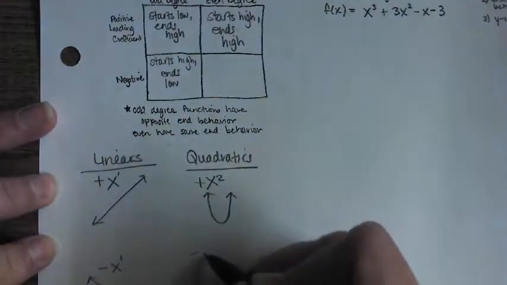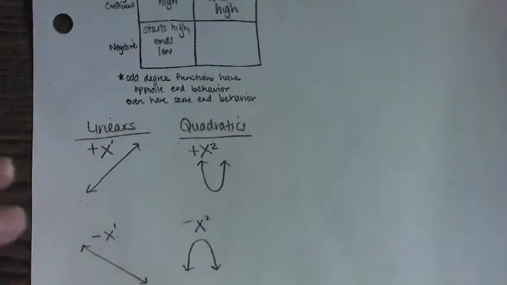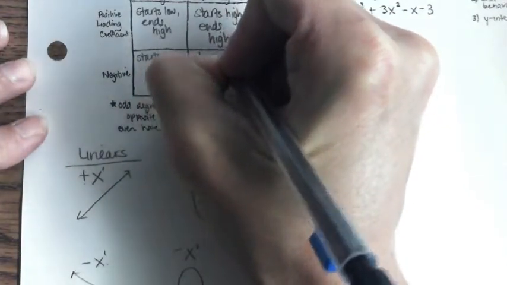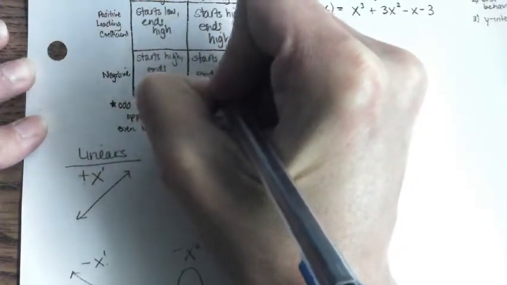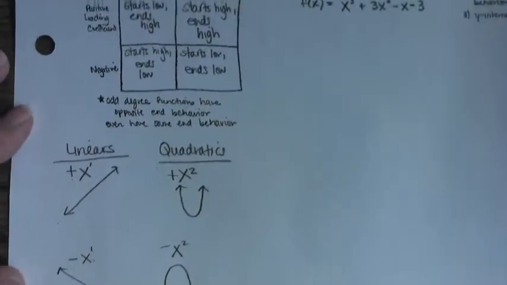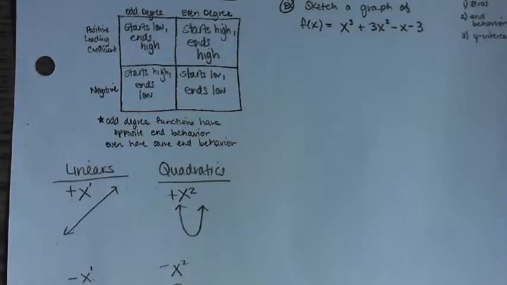And if it's a negative quadratic, opens down, aka you don't talk about end behavior in Algebra 1, you just say, oh, it opens down. But that is the idea that it's truly getting at. Starts low and ends low. Did you ever think of it that way?